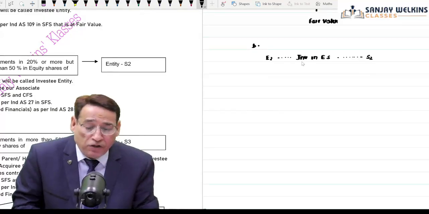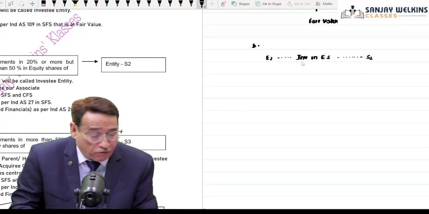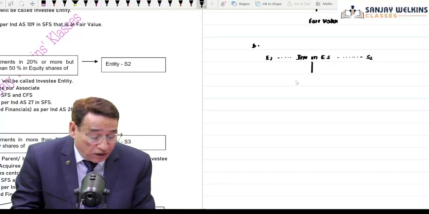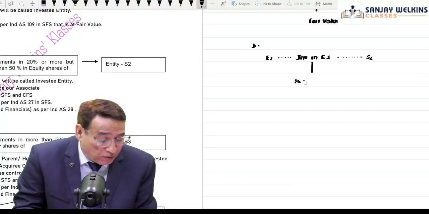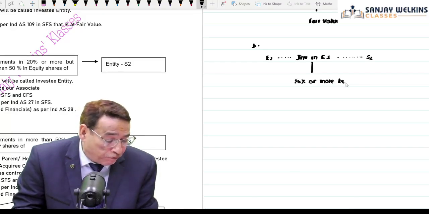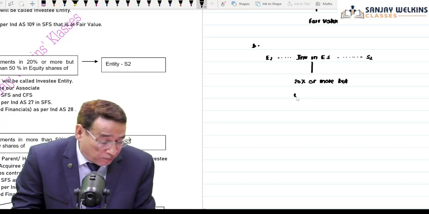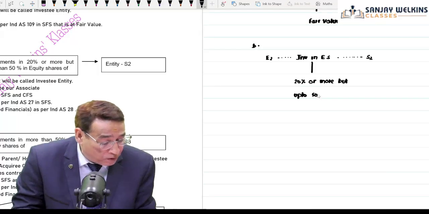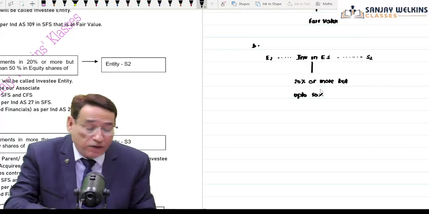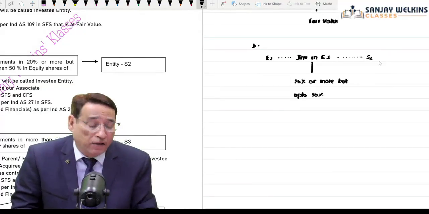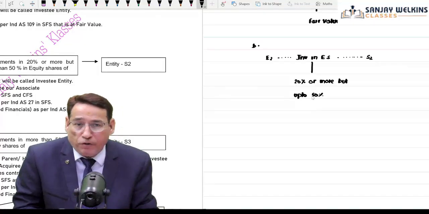But this time, the range of investment is 20% or more, but up to 50%. Suppose I have purchased 30% equity shares of the other entity. So this 30% is falling in the range of 20% to 50%.